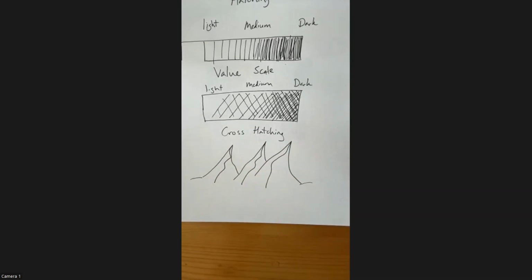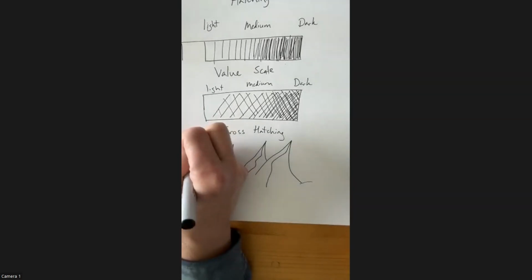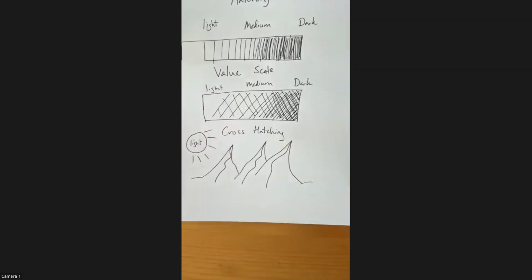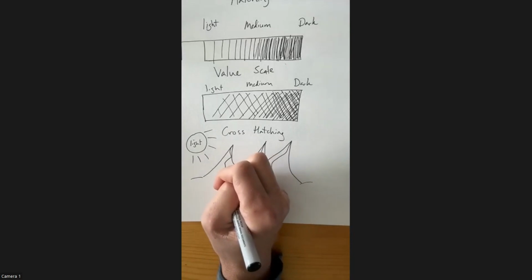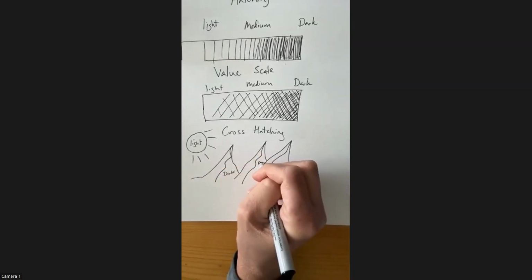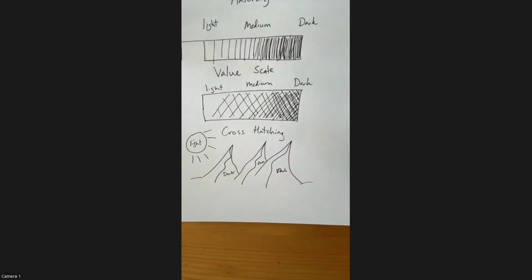So we're going to say that our light source is coming from this direction, which means that we're going to have shadow or dark on this side of the mountains. Okay, and you don't need to write the dark or light.